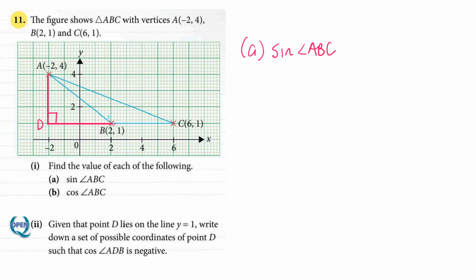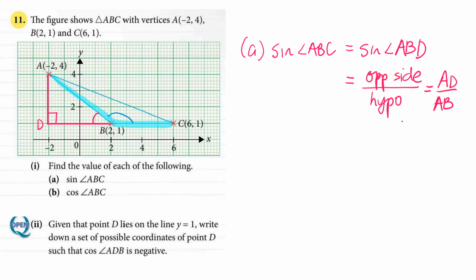We're supposed to find the ratio for sine angle ABC, which is the obtuse angle. So we know that the ratio for sine angle ABC is equal to the ratio for sine of the acute angle ABD. To find that, we get the opposite side over hypotenuse.